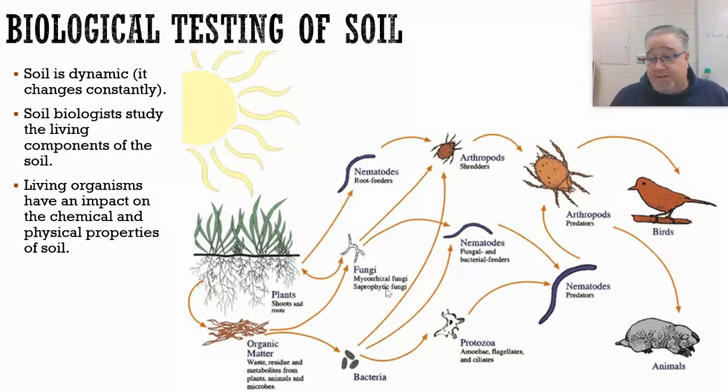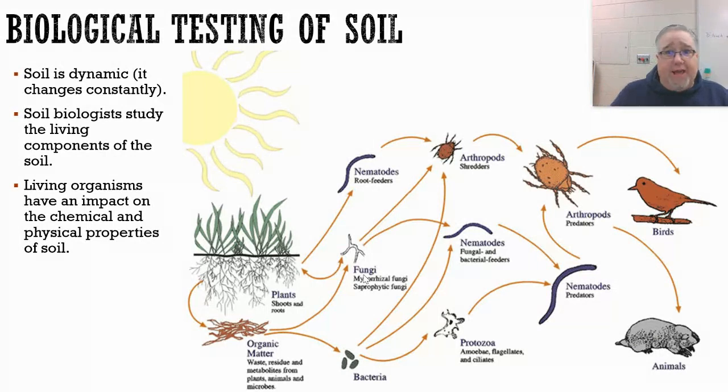And we know that fungi mainly act as decomposers for the most part. So if there's a lot of fungi in the soil, we can probably conclude that there's a lot of decomposition going on in that soil, which would lead to a lot of organic material, maybe in the upper layers of the soil.